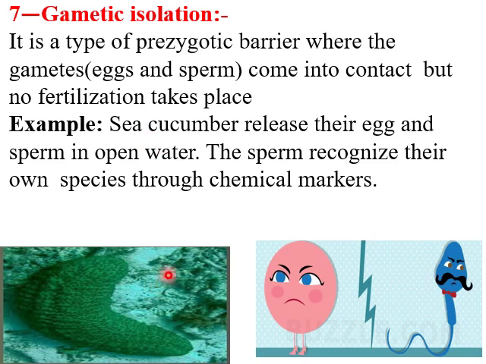The sperms recognize their own species through chemical markers. If these chemical markers differ, the sperm does not recognize the eggs, and the egg does not recognize the sperm cell. So fertilization does not take place.